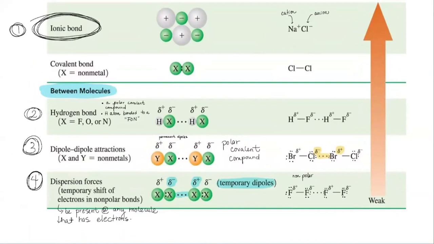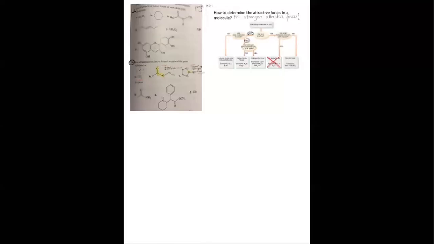If you have a molecule that has dipole-dipole attraction, anything below it will also be included. What does that mean? If my molecule has dipole-dipole attractions, it will also have dispersion forces. If a molecule is nonpolar, the only attractive force that it will have is dispersion forces, okay? Any questions?